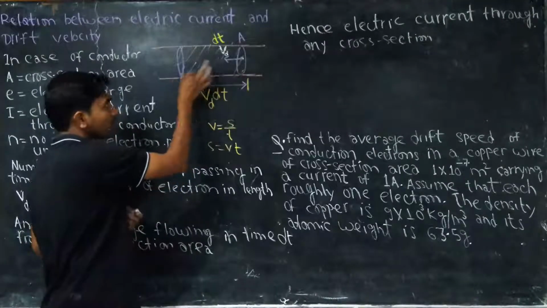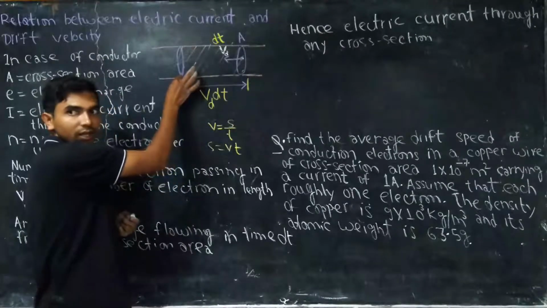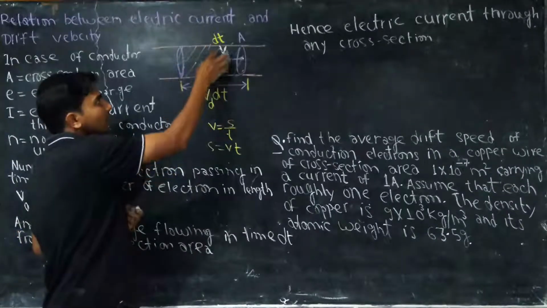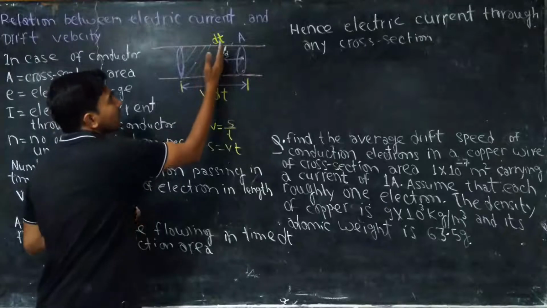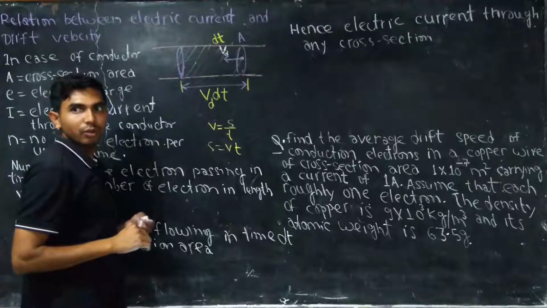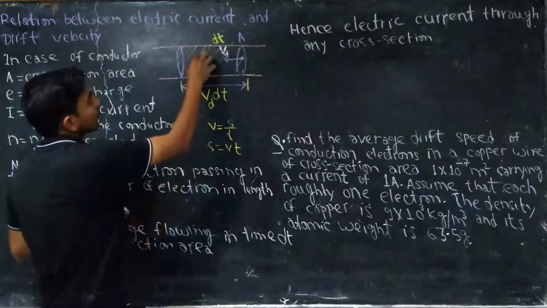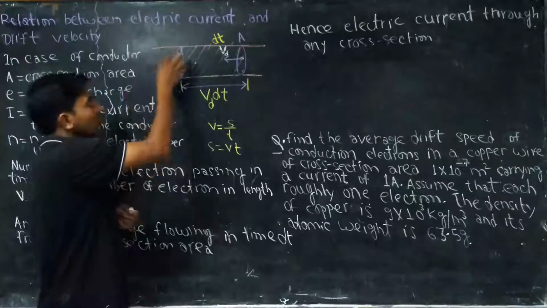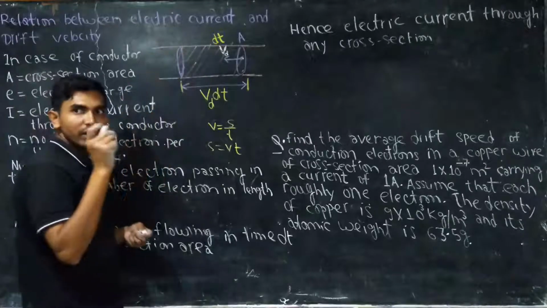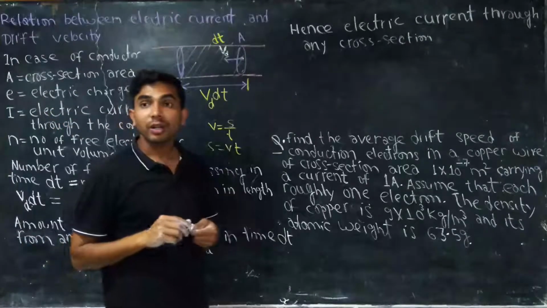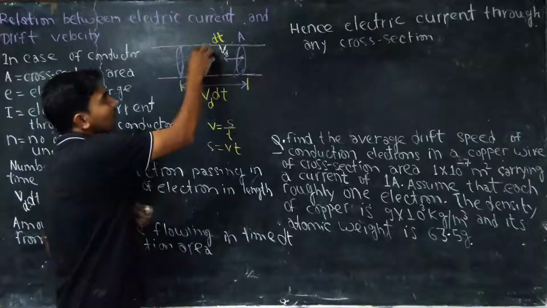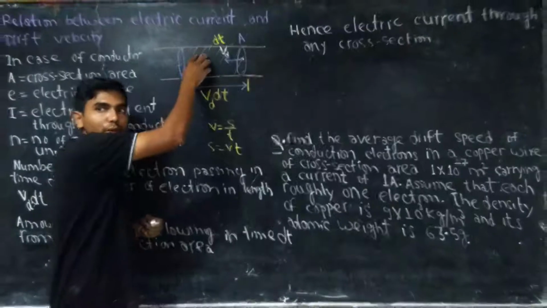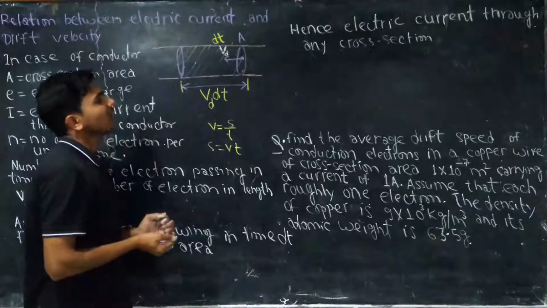If this last electron is able to move here, all the electrons which are present here are able to cross this area, yes or no? So how many electrons crossed this area? The number of electrons present in this volume, right?